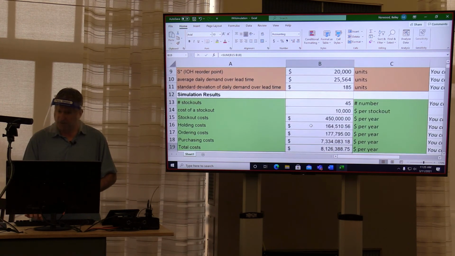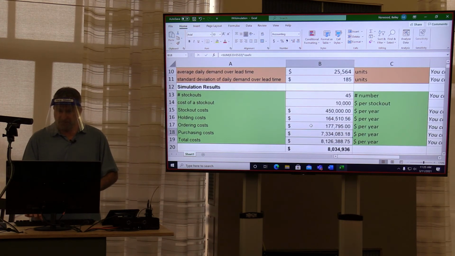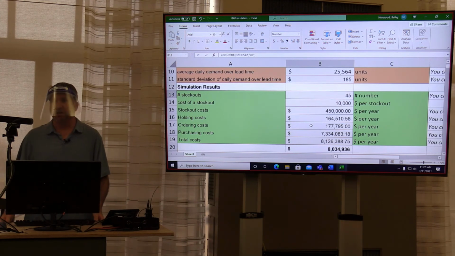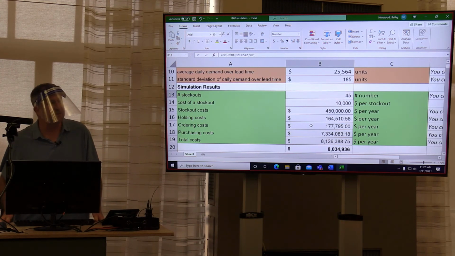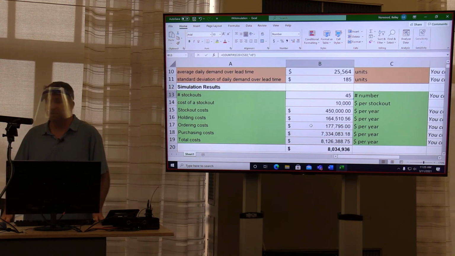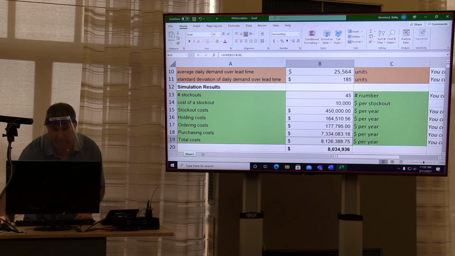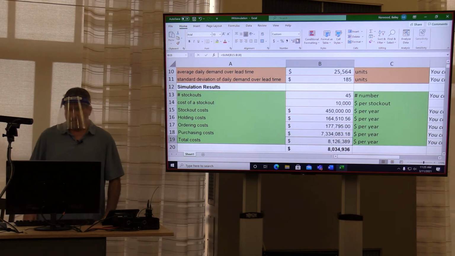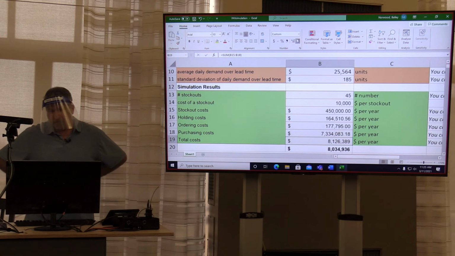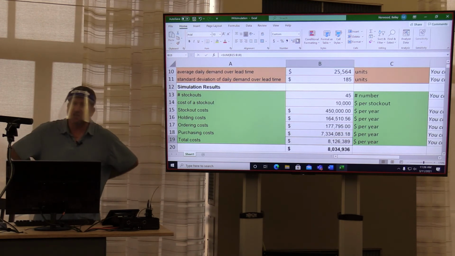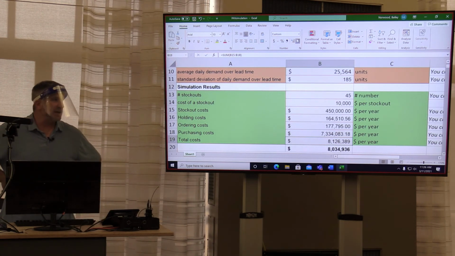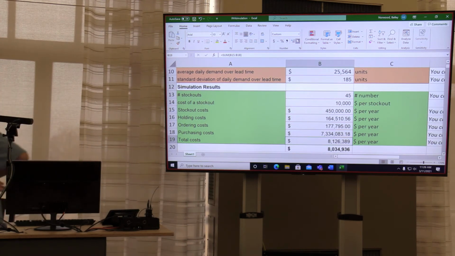Wow. Okay, well, we're going to have 45 stockouts if we do that. 45 times a year, we won't have the chicken base you need, and our total costs are going to go up from $8,034,000 to $8,126,000. And so you've got there a defense of why you wouldn't want to do that.